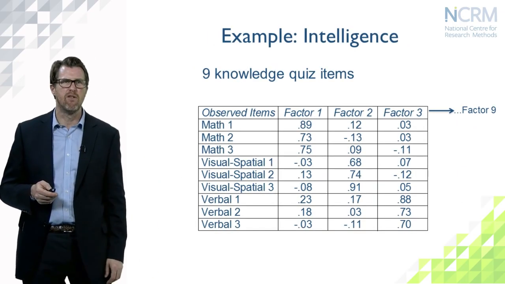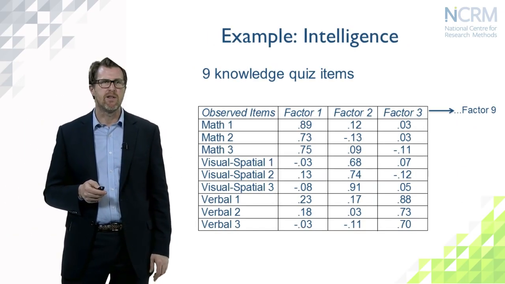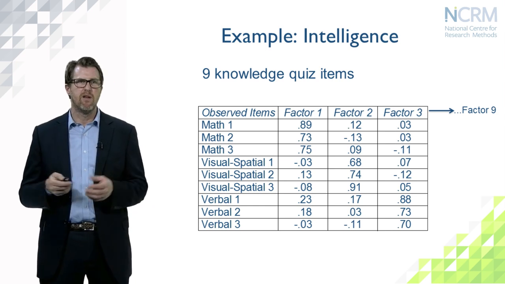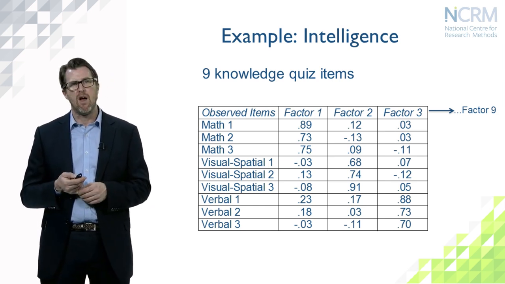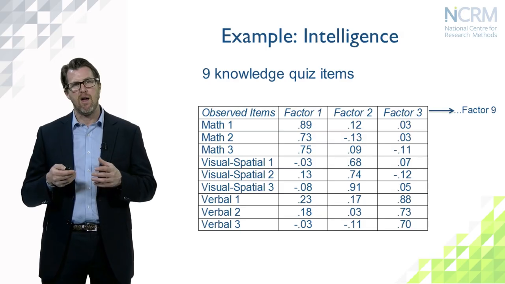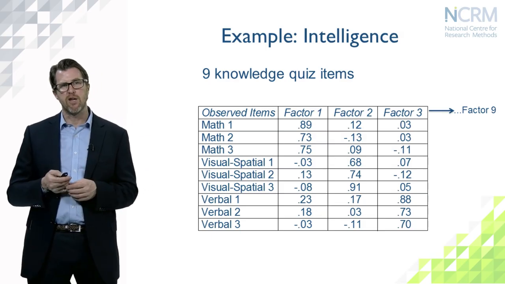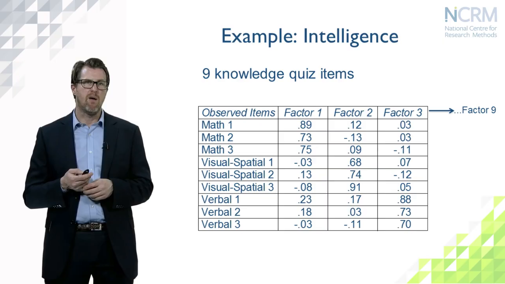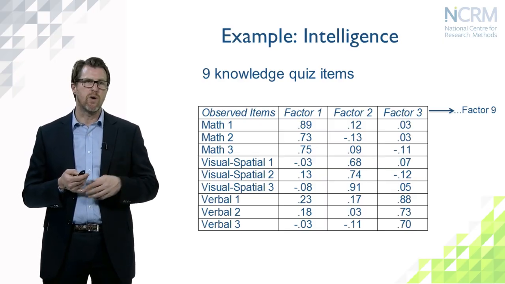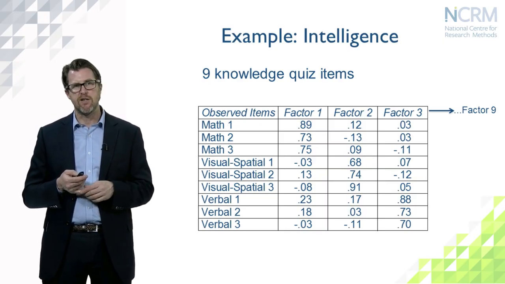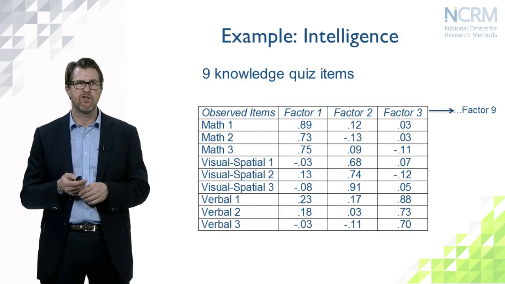Now, to give an example of what I mean by some of those previous points, here's some made up data, and we have 9 observed items. These are, if you like, knowledge quiz items that have been administered to a sample of children.